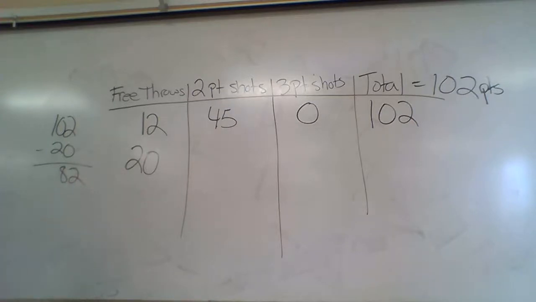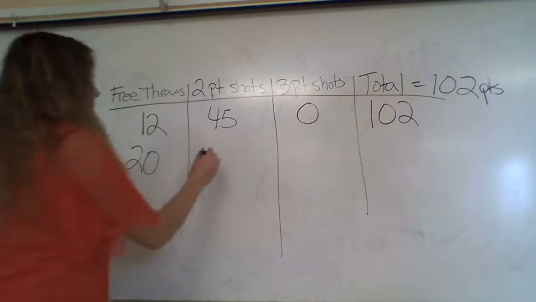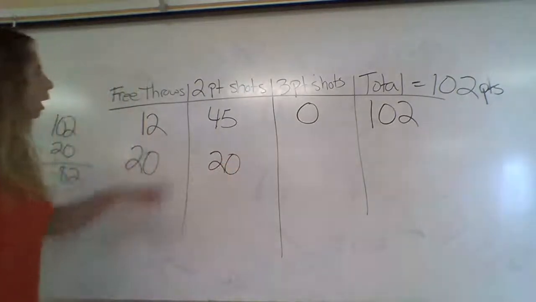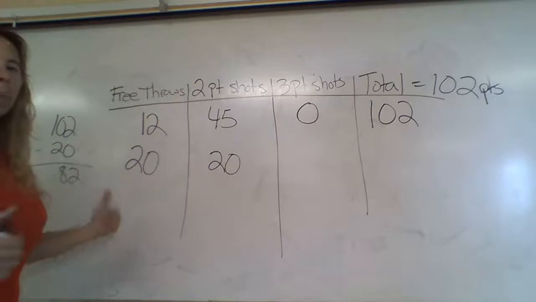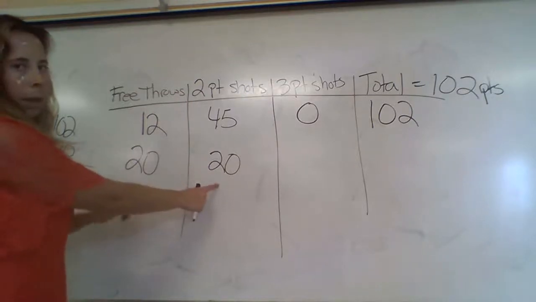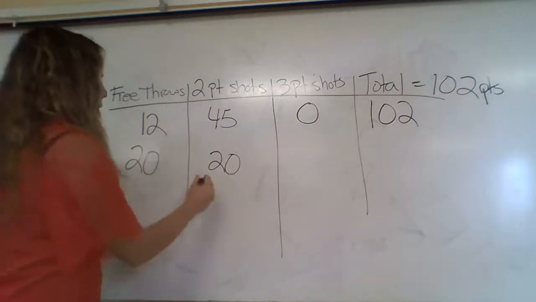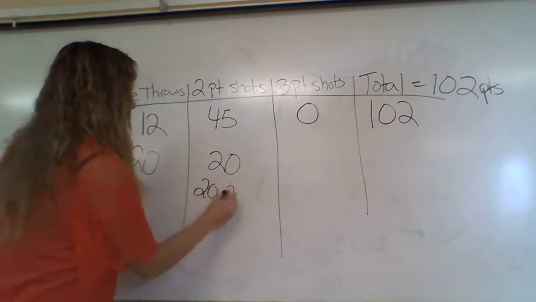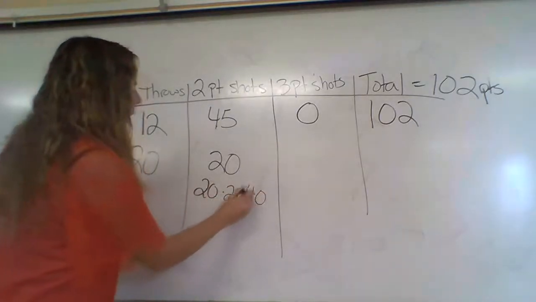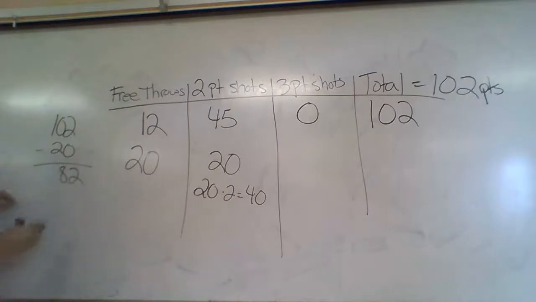Let's try 20. So I made 20 2-point shots. Remember, you're talking about points, so you can't just add these numbers up. 20 2-point shots, so you have to go 20 times 2. So that's 40 points. So I have 42 points left.